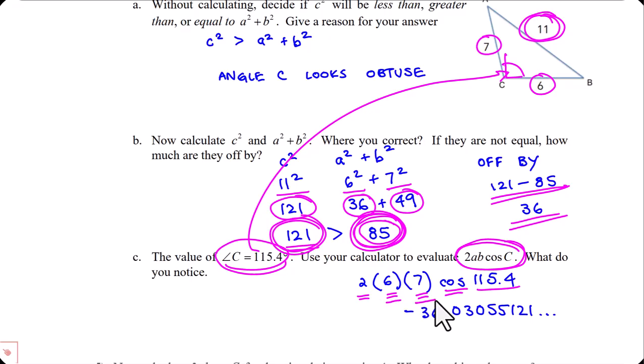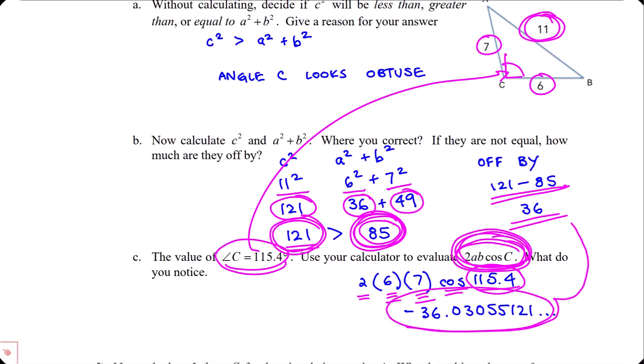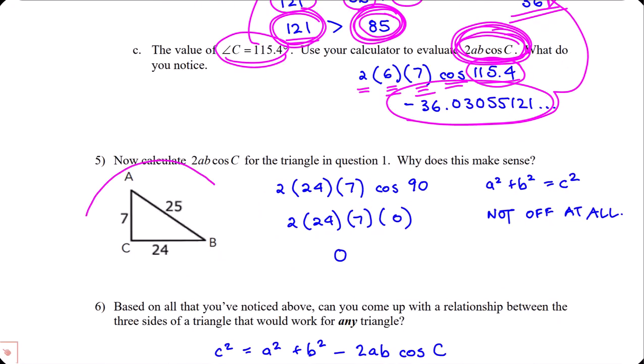Side A, side B, and the angle between them, angle C. And lo and behold, for some bizarre reason, this crazy formula gives us how much we're off by, more or less.